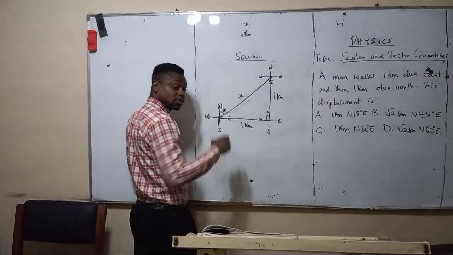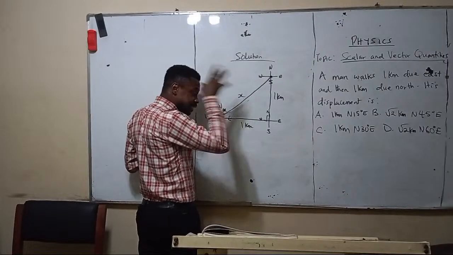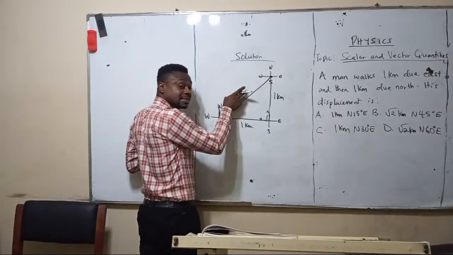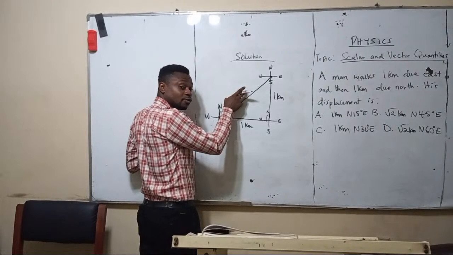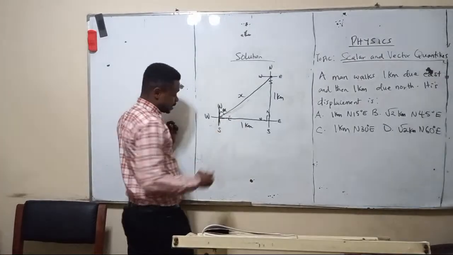So if you want to state the man's displacement, it must include the magnitude of the displacement and the direction.